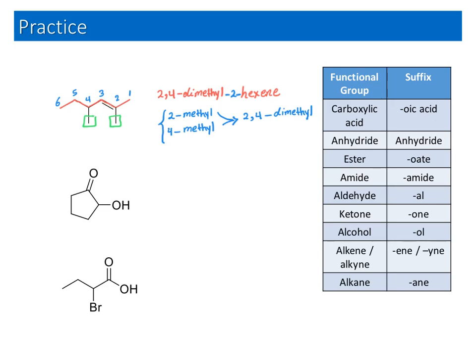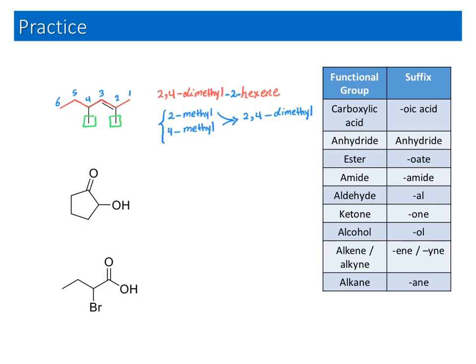Now let's look at the next structure. So first, let's identify the functional groups present in the molecule. I can identify an alcohol and a ketone. So if I look at the table, ketone is preferred over alcohol. Therefore, the parent chain should get the suffix "one" instead of "ol".